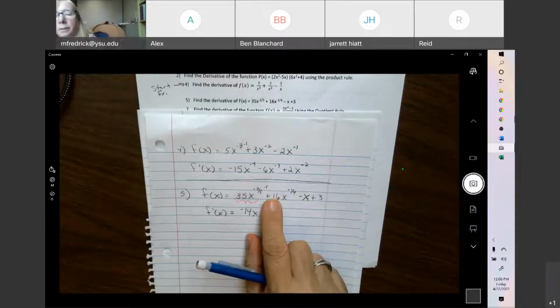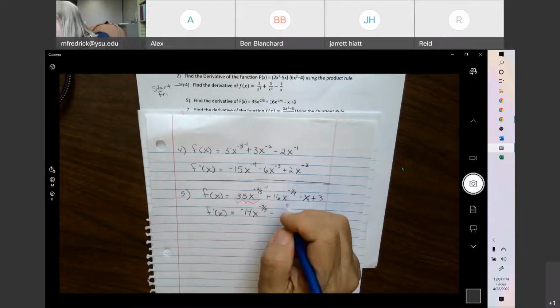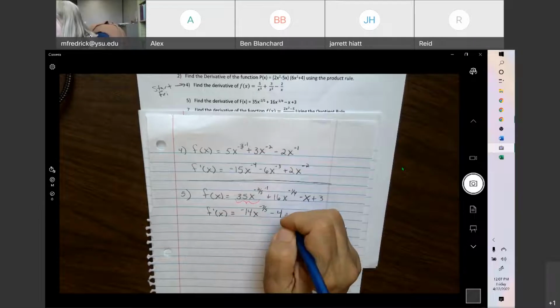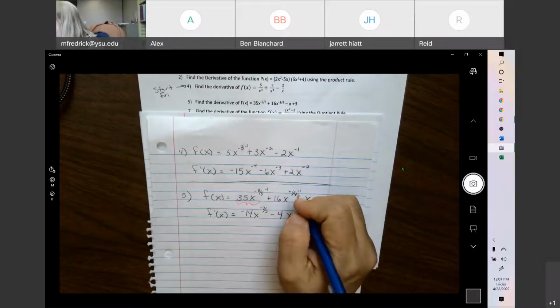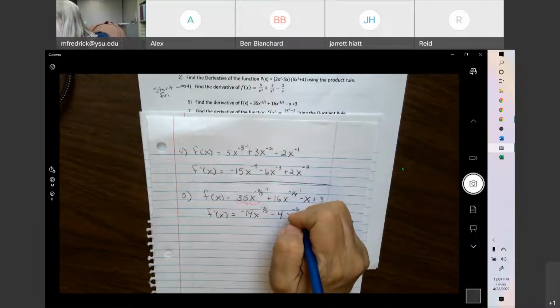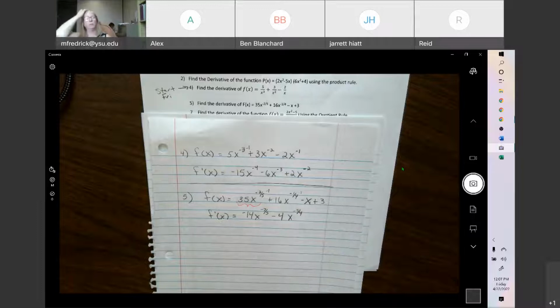A negative times a positive gives us a negative. 16 times 1/4 is 4x. Subtracting 1 would be 4/4, so negative 5/4. Any questions on the first two terms?